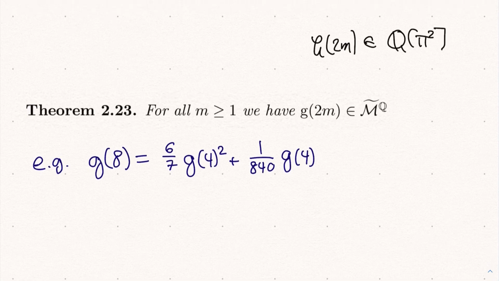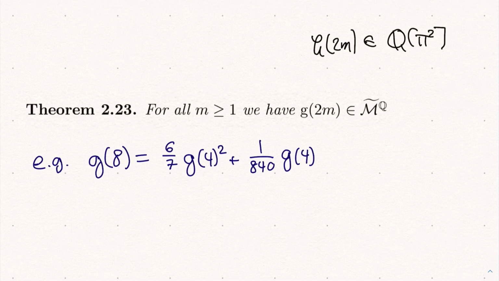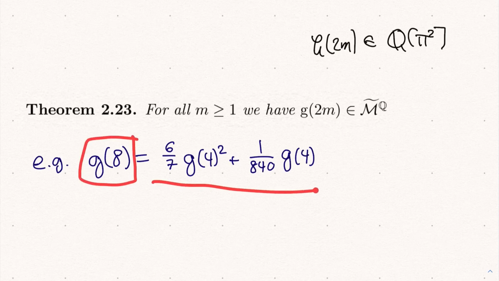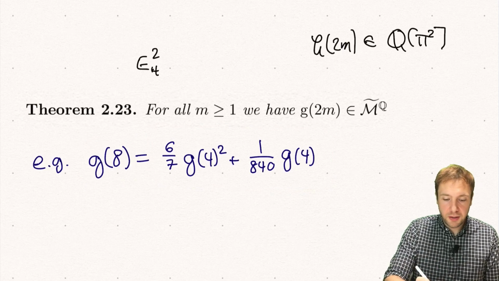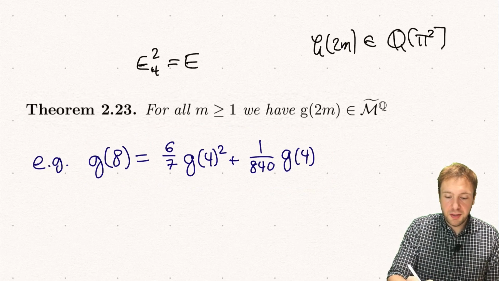And one example you already did, or you will do in the homework, because there you showed that G8 actually can be written like this. So actually in the homework you show that E4 squared, which was some normalized Eisenstein series, is just E8.